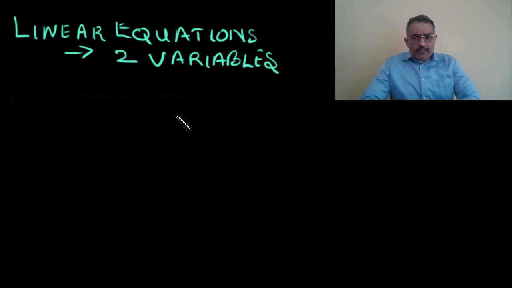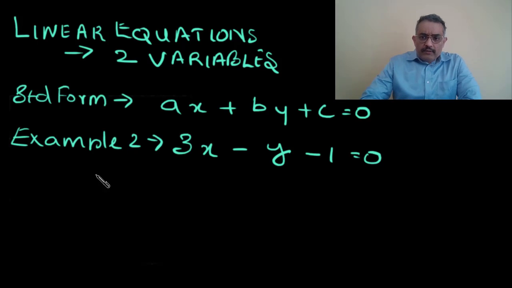Our scope actually has two linear equations, so let's create one more equation and work with it alongside the earlier one. So here is example number 2, 3x minus y minus 1 equal to 0. In the same way that we looked at it before, here is the standard form, and let's do a comparison.